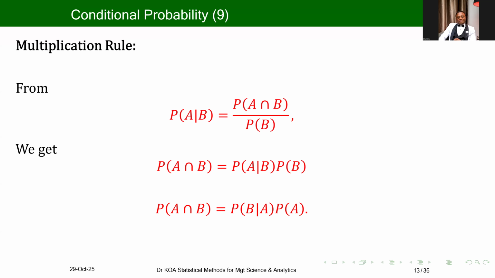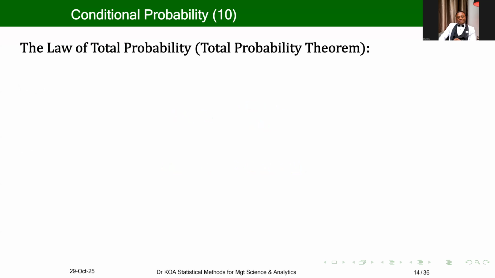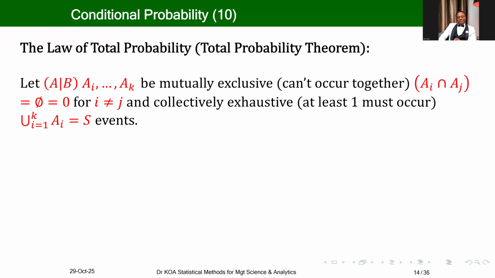Keep this in mind as we look at the law of total probability, sometimes called the total probability theorem. Let's assume that we have A1 all the way to AK. So we have mutually exclusive events from A1 all the way to AK.